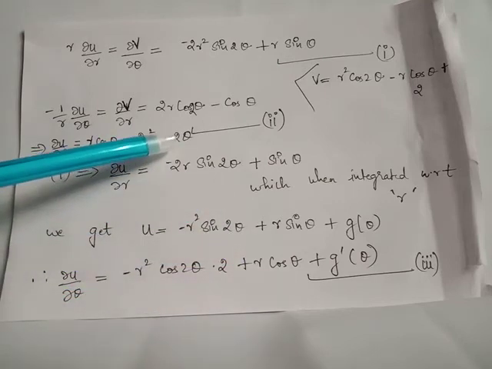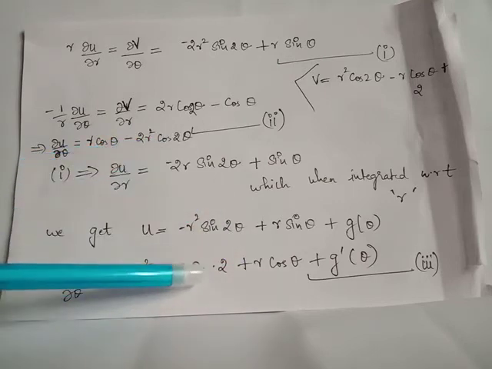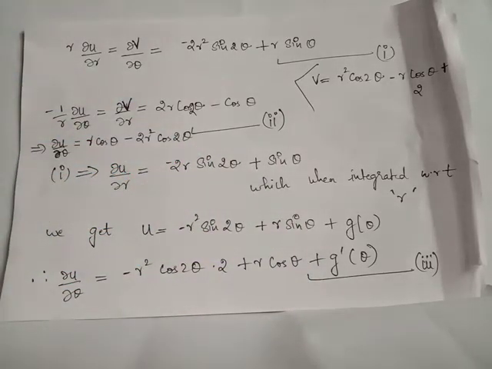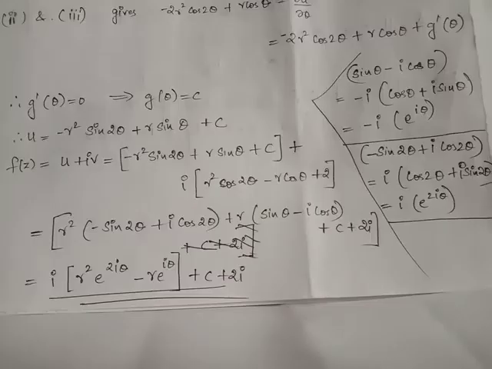Minus 2r square cos 2 theta again repeats in the RHS. Instead of g dash of theta, we have no terms here, from where we work out g dash of theta equals 0. When you integrate both sides of g dash of theta equals 0, you obtain g of theta equals c, because the integral of 0 is just the constant of integration c.